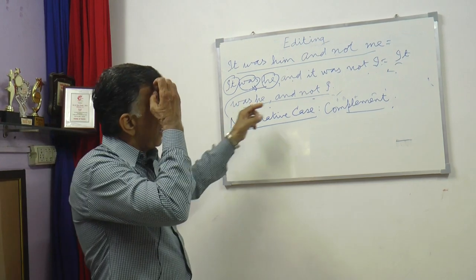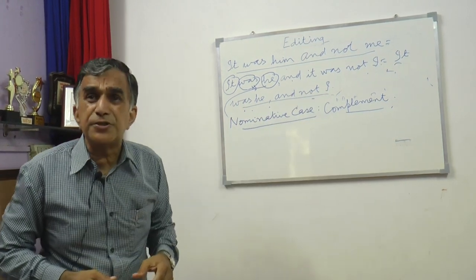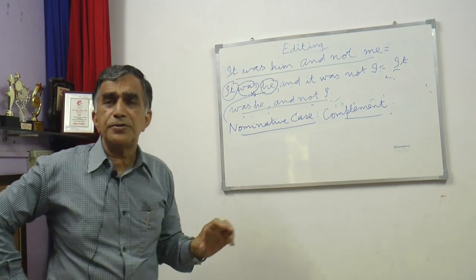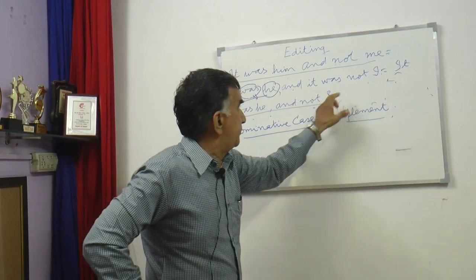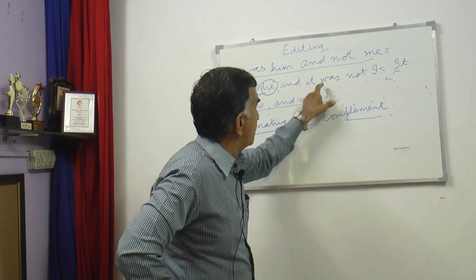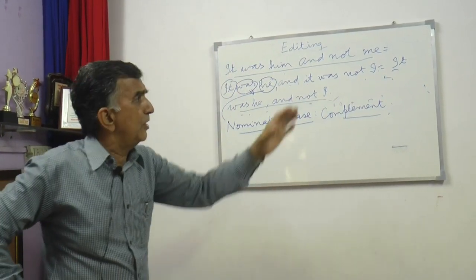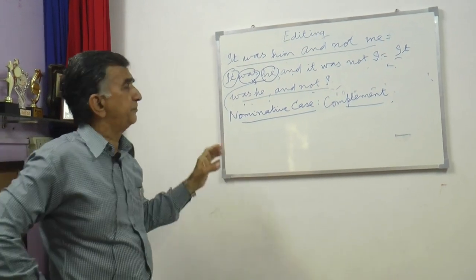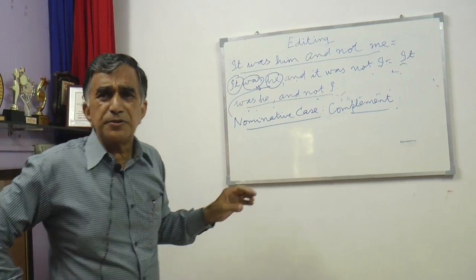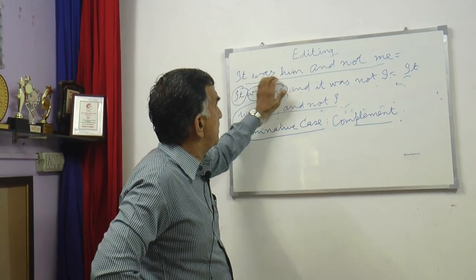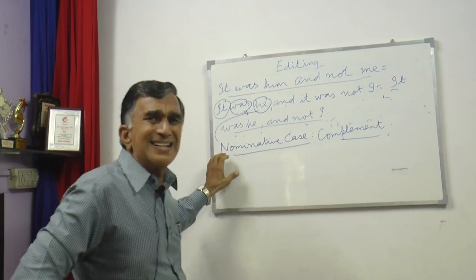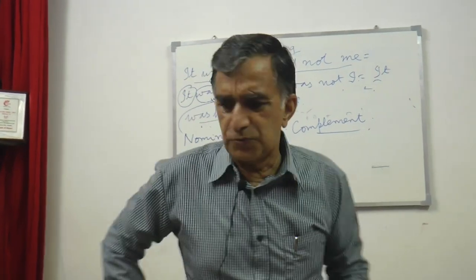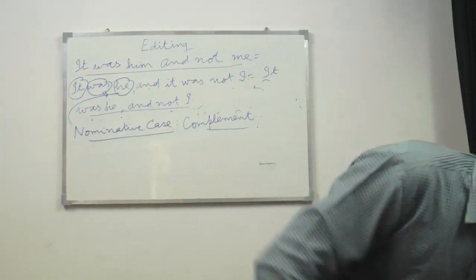So, and it was not I gets reduced to and not I, because this part it was is understood from the context or background of the sentence. So finally, editing means it was him and not I gets edited to it was he and not I. This is one rule of editing.